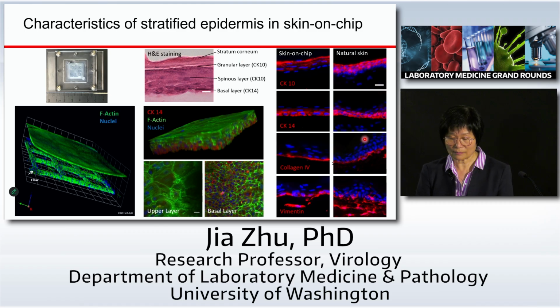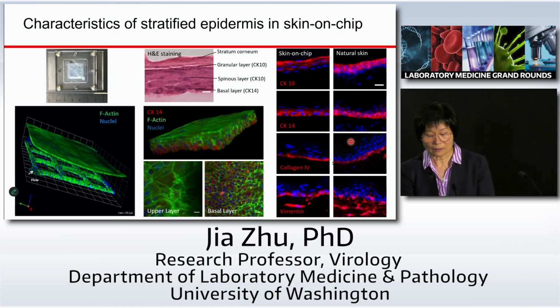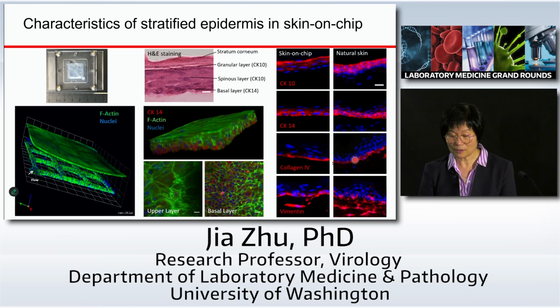We also use immunofluorescence staining to confirm the key marker expressions in our skin-on-chip and compare them to natural skin. We used CK10 for differentiated keratinocytes and CK14 for basal keratinocytes. We can also detect basement membrane formation, and we see vimentin expression in the fibroblast cells.